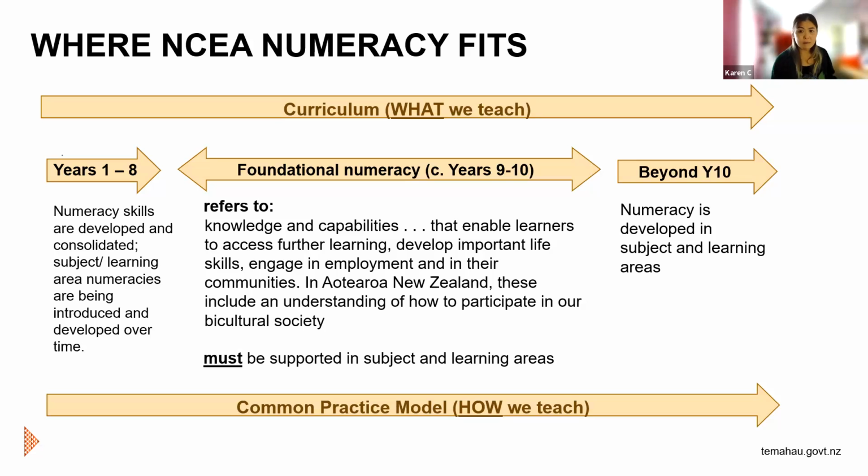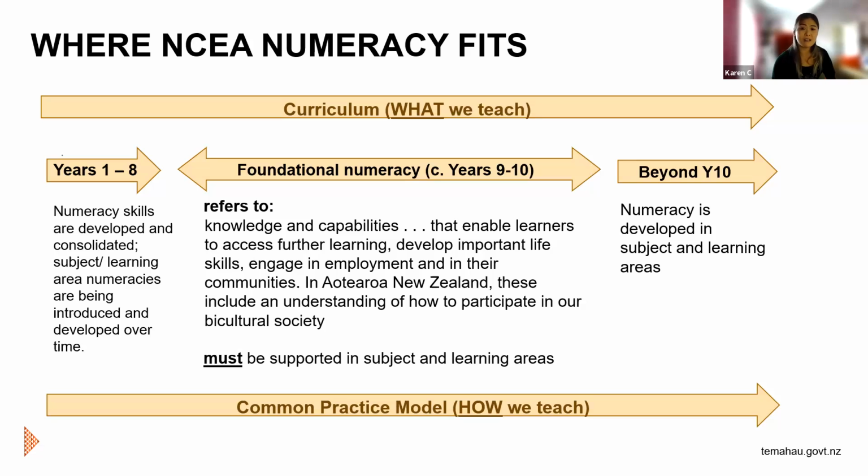Now, there will be some learning areas that will be more strongly associated with numeracy. So obviously, mathematics and statistics, because of the mathematical and statistics content we cover as part of our curriculum, or science, because there are elements of mathematics and statistics they use as a tool to help understand or describe scientific phenomena.